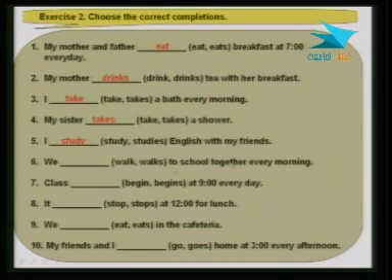Number 6, we, like the pronoun we, that's plural also. We walk or walks to school together every morning. It's actually walk, no s, because the subject is the pronoun we. Number 7, class begin or begins at 9 every day?